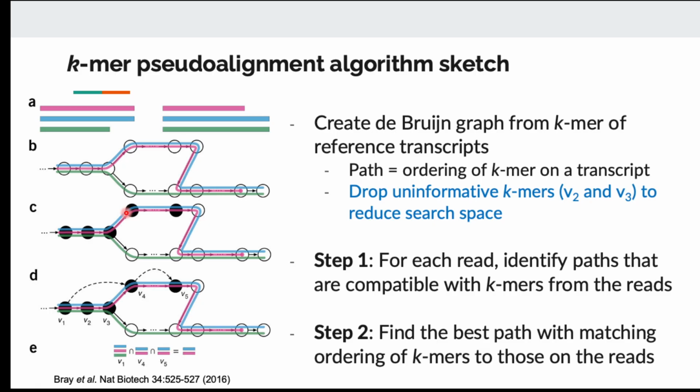This algorithm is much faster than doing the full alignment, because in this algorithm, we don't need to do any alignment at all. We just ask, where is the k-mer from the read on this graph? And we map the location, and from the location, we can rule out the isoform, and we can retain the possible isoform. So this is done very quickly.